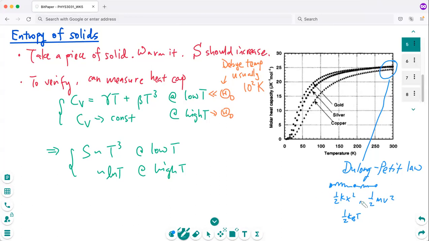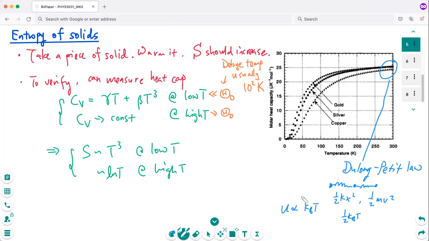You sum up all these degrees of freedom, and you will find that the internal energy is proportional to kBT, for the solid. To complete the picture, you need to learn a little bit more about solid state physics. You have 3N degrees of freedom, so don't worry too much about that. But what you should understand is your internal energy will be proportional to kBT.